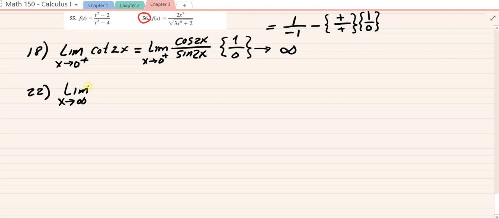Yeah, it did. Of 2x squared minus 1 divided by 4x squared plus 1. Now the denominator, of course, is positive, right? Because you're squaring. The numerator is also positive. So now this is in the form of infinity over infinity, right? As x approaches infinity, this is an indeterminate form.